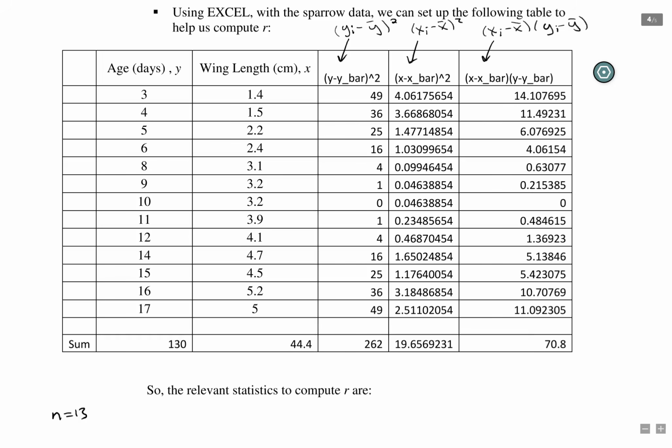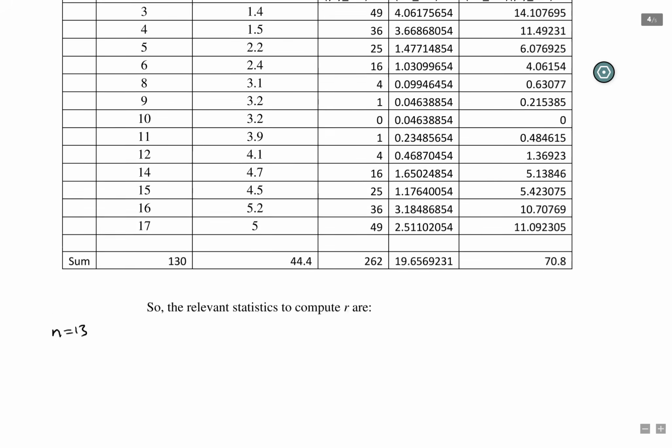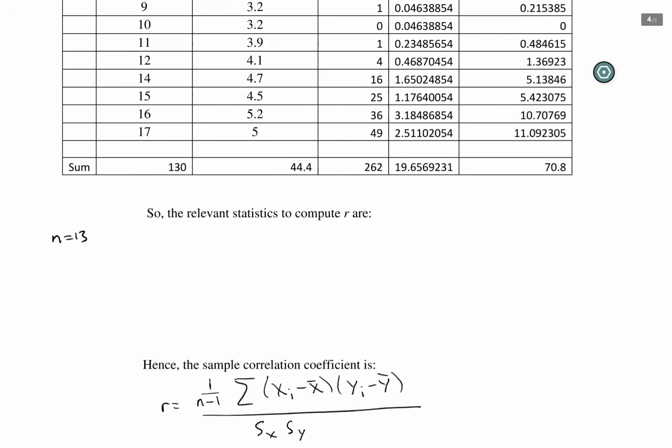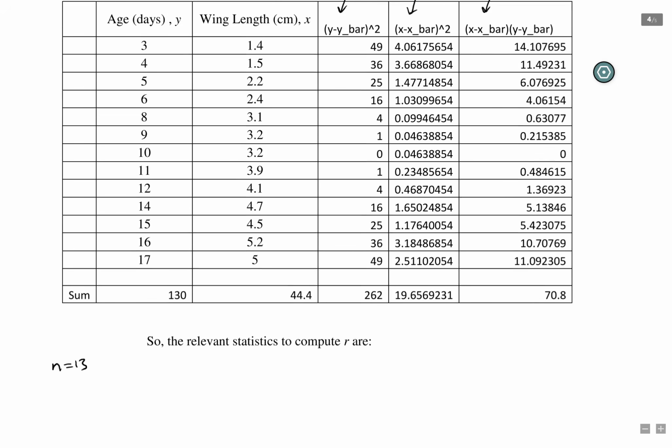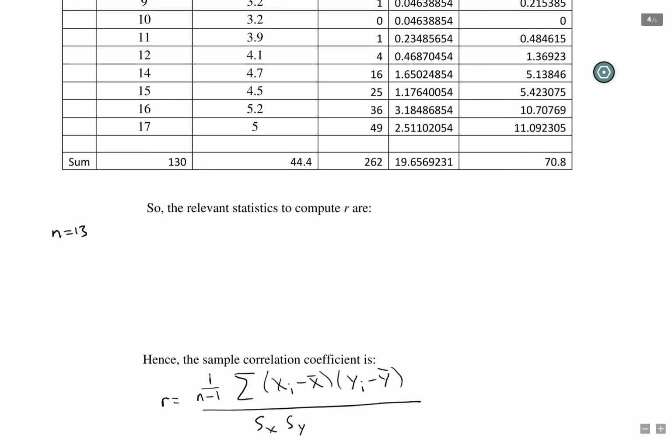And that gives the 14.107 there. Adding all of those up, I get 70.8. So this quantity here is 70.8.